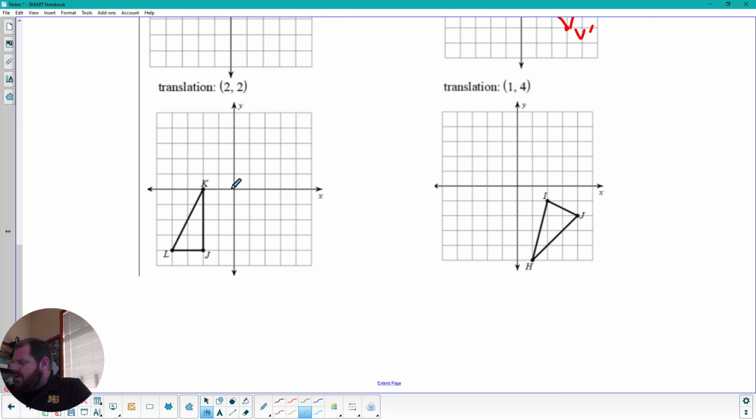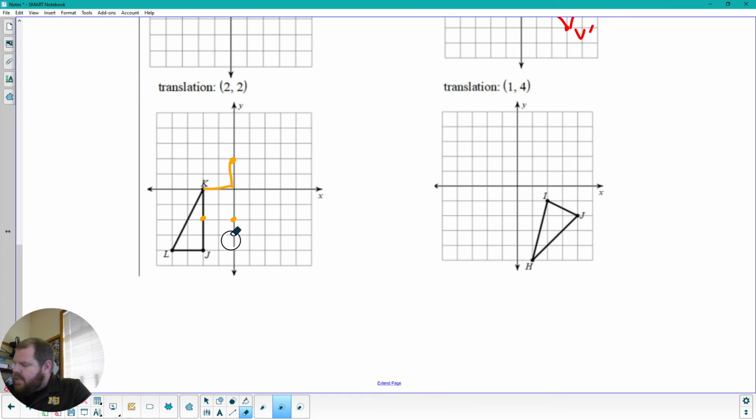To make this go a little bit quicker, I'm going to take every point, move it over 2, up 2, over 2, up 2, and over 2, up 2. Sometimes images and pre-images will overlap. That's okay.